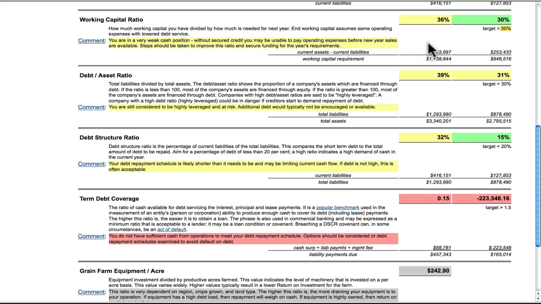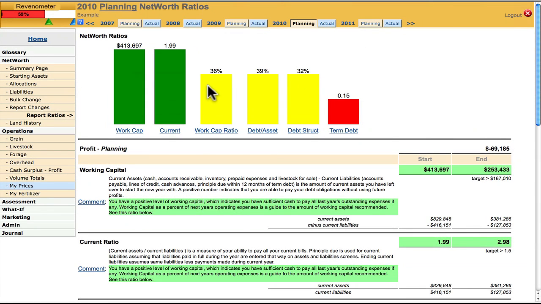So that 36% means that this is a cautionary level, so it's in yellow. And that's why these 3 bars mean that it's not a serious problem, but it is in the warning area.